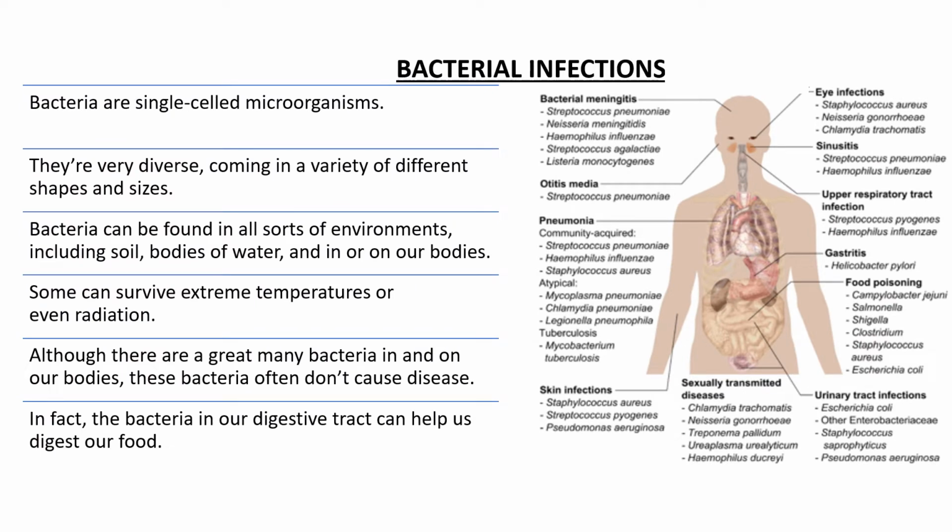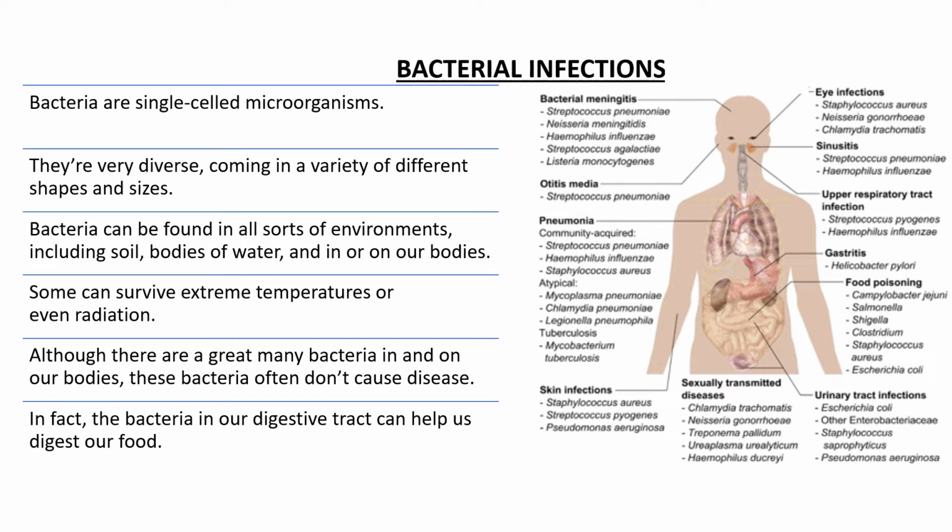Next, moving on to the bacterial infections. The bacteria are single celled microorganisms that are very diverse in nature and they have a variety of shapes and sizes when it comes to their appearances. These bacteria can be found in all sorts of environments.